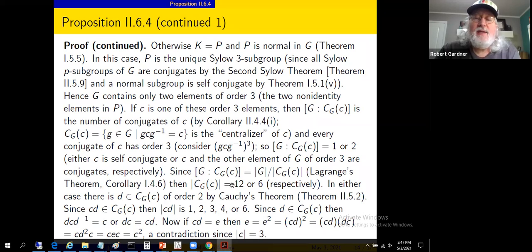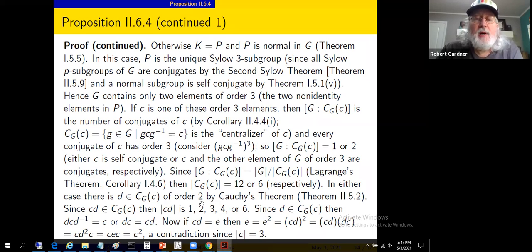The index can be expressed, by Lagrange's theorem, as a quotient of orders of groups, the order of group G divided by the order of the centralizer. The centralizer itself is a group. Lagrange's theorem gives us this quotient.